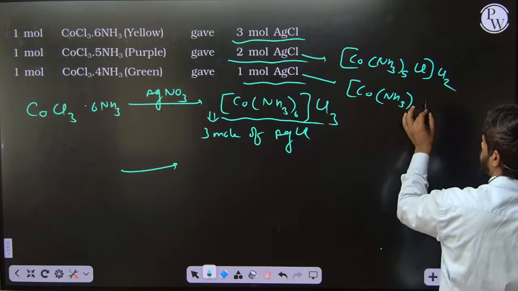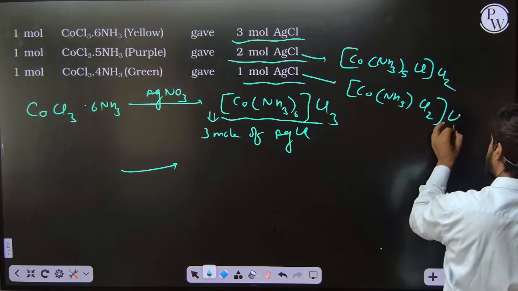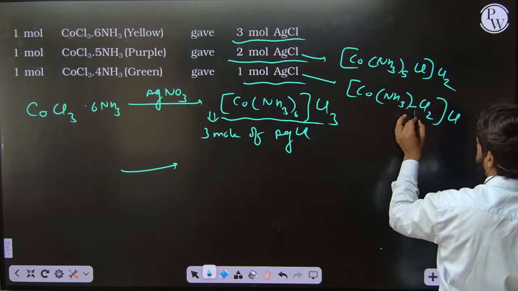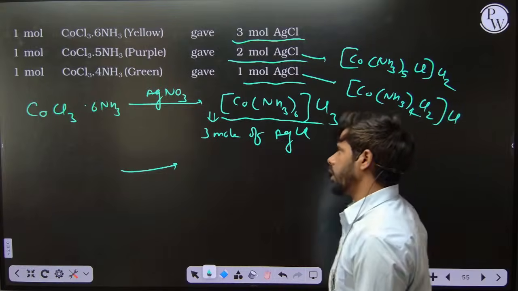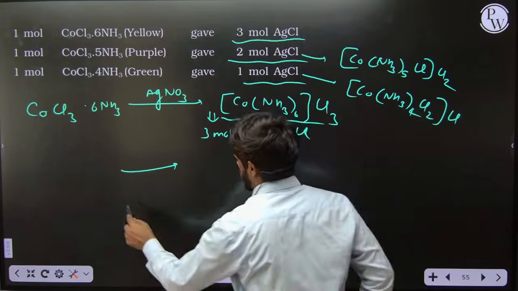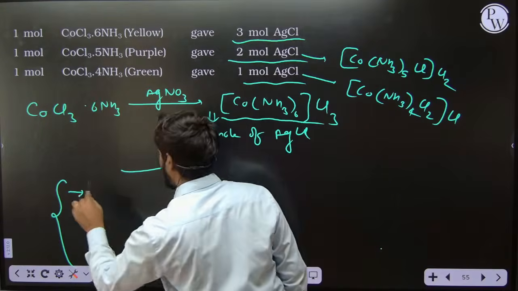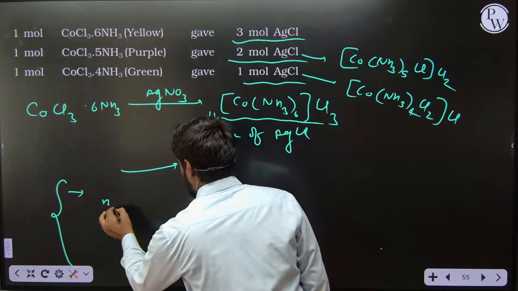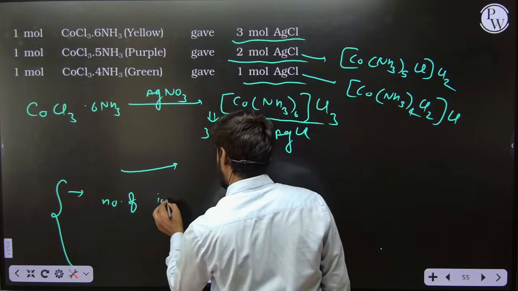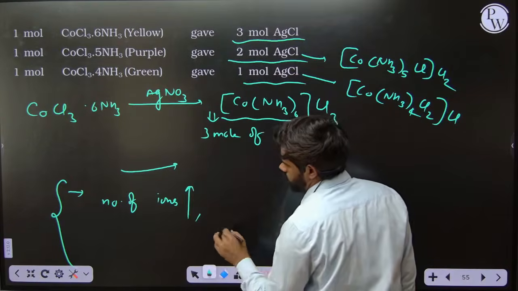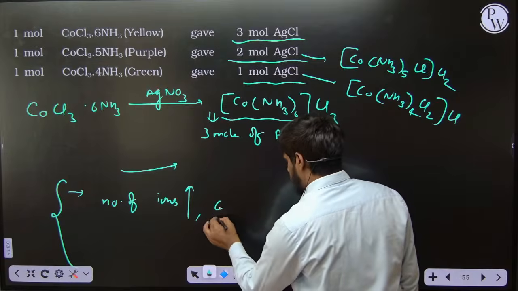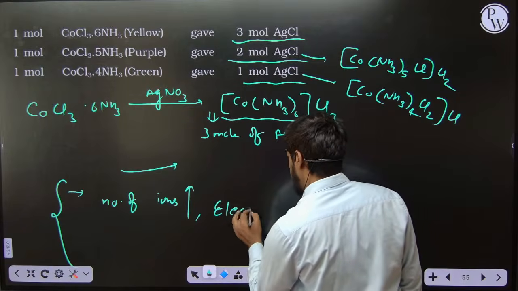That means 2 Cl inside, 1 Cl outside. The remaining is ammonia, which works as a ligand. Now, as the number of ions increases, its electrical conductivity will also increase.